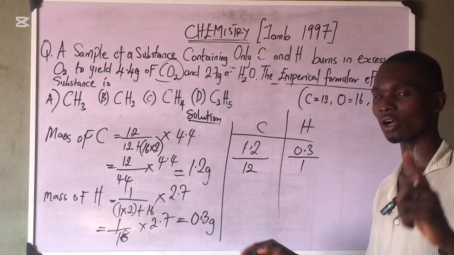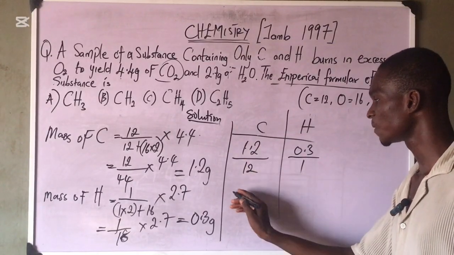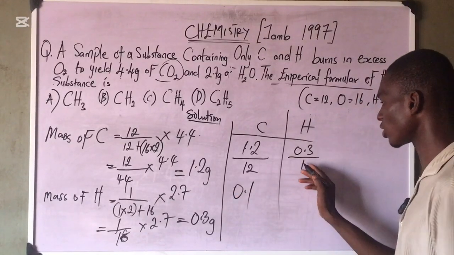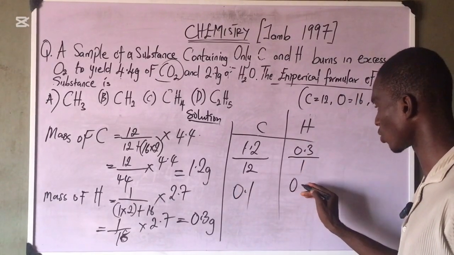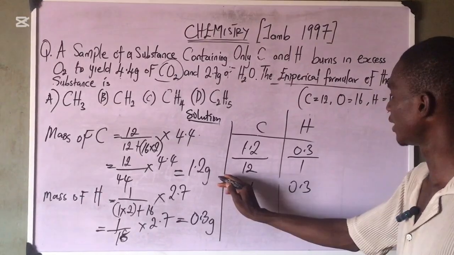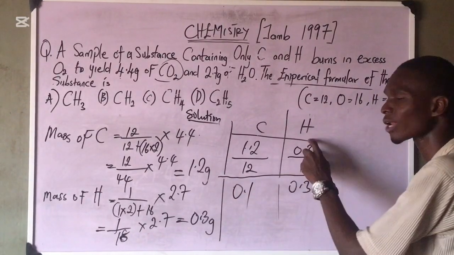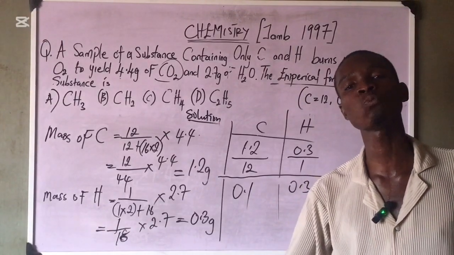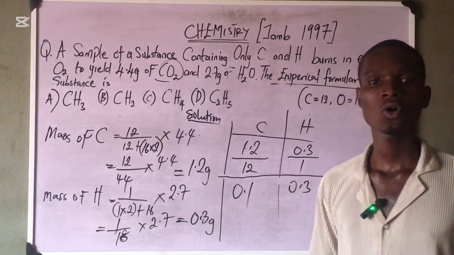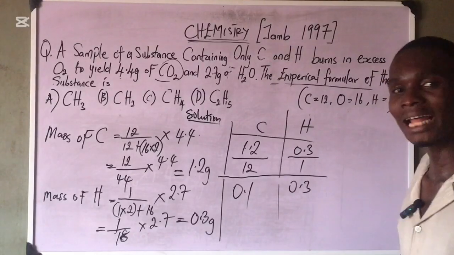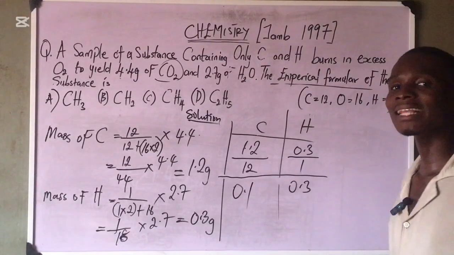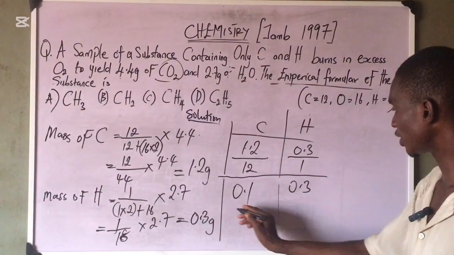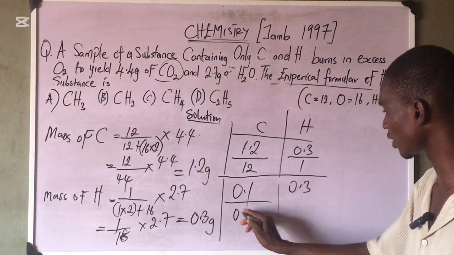When you resolve this on your calculator, I have 0.1 for carbon, and 0.3 for hydrogen. This is the mole ratio of carbon and hydrogen. But the empirical formula is the simplest form of a compound, so I will divide by the smallest ratio, which is 0.1.